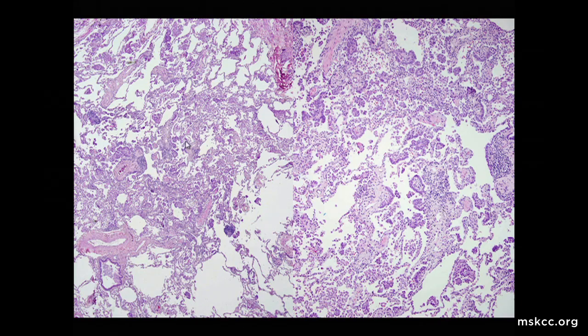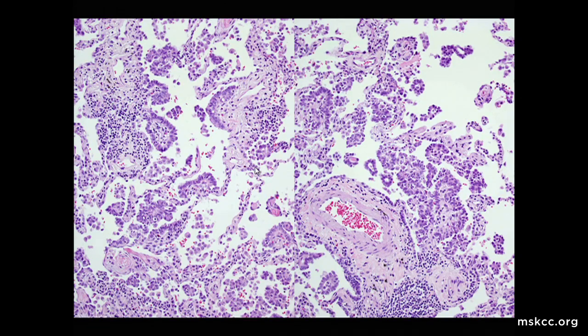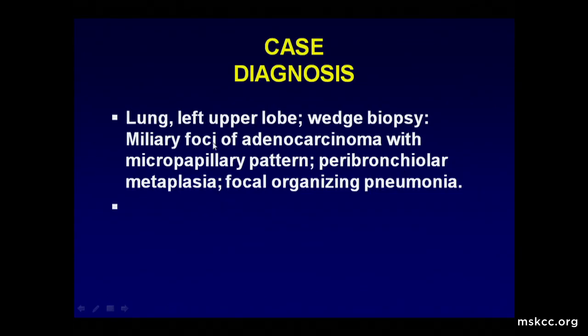So here you can see at low power, these were difficult to spot. Looks like interstitial inflammation, and I think there was a little bit of organizing pneumonia, which was how he had descriptively signed this out. So we call this miliary foci of adenocarcinoma with a micropapillary pattern.